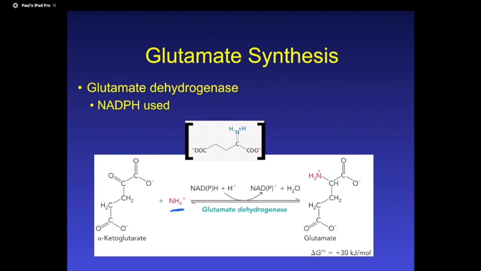In degradation, it was focused this direction, in that we will create an intermediate and we will have the nitrogen fall off. But in the synthesis, we will do the reversed reaction and we will create glutamate. This right here was a particular structure that we needed to know the name of.